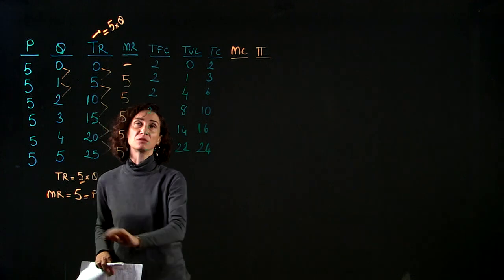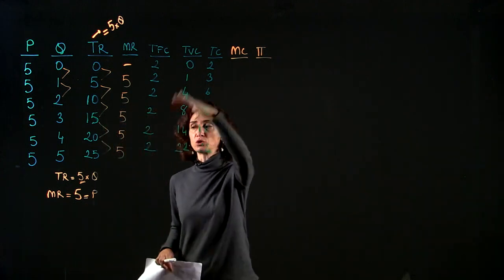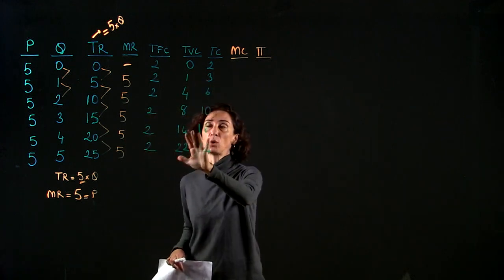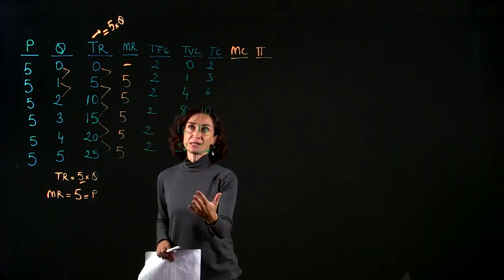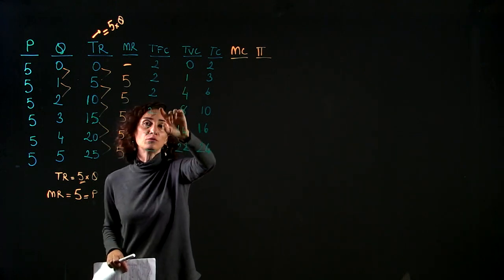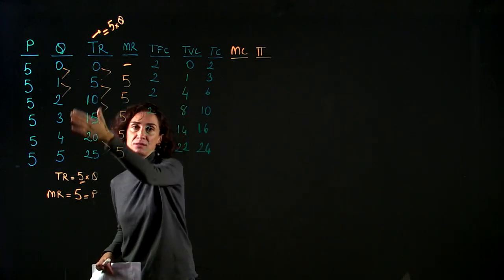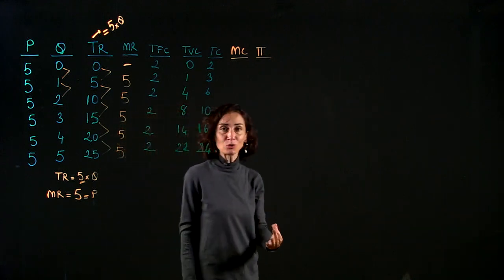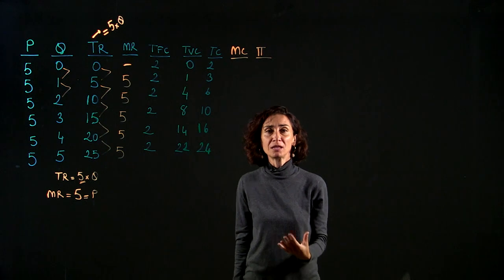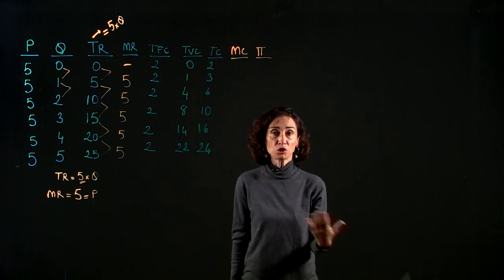That is very important. Now let's come to the costs. I know marginal revenue, and I want to focus on the costs. In this example, total fixed cost is 2, and it is 2 for any quantity, which makes sense because total fixed cost is the cost of fixed input. It is supposed to not change.